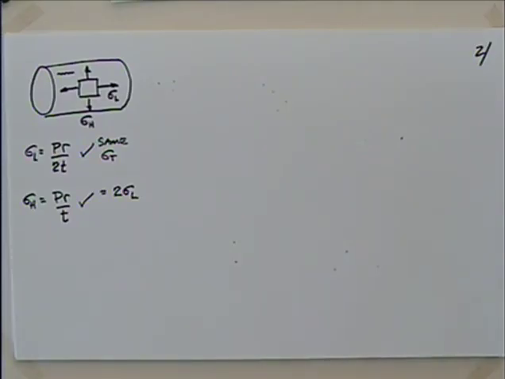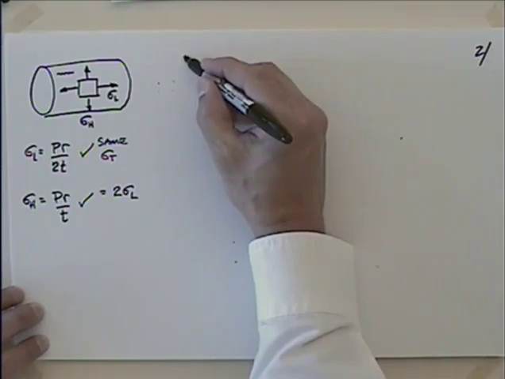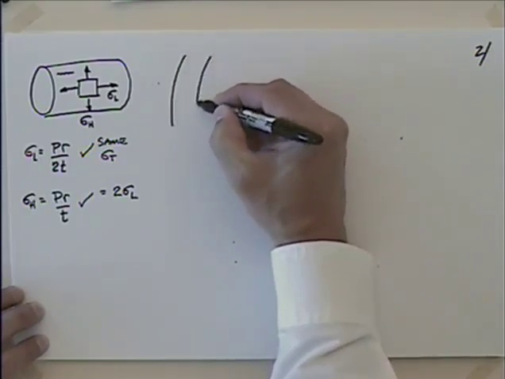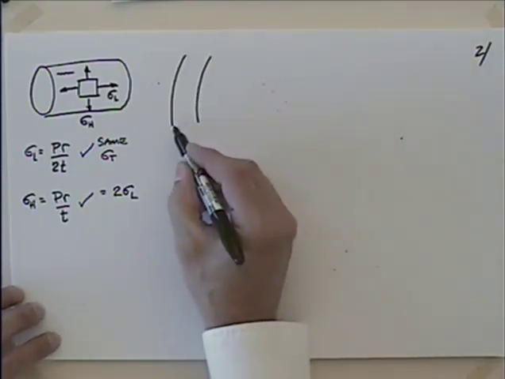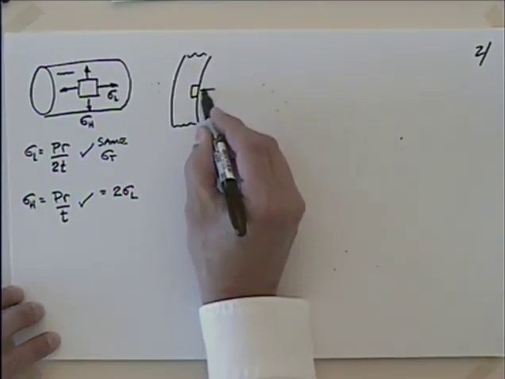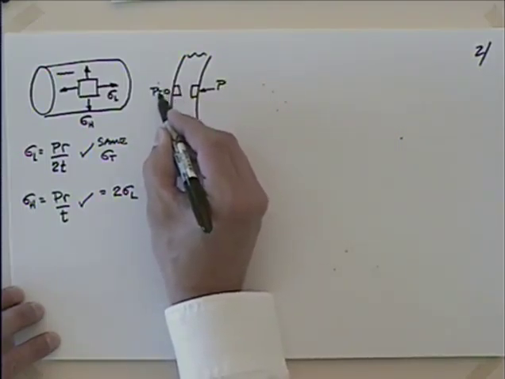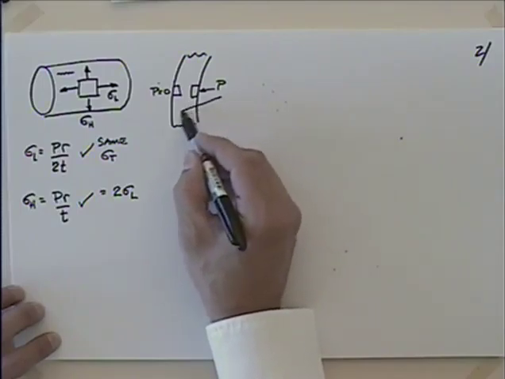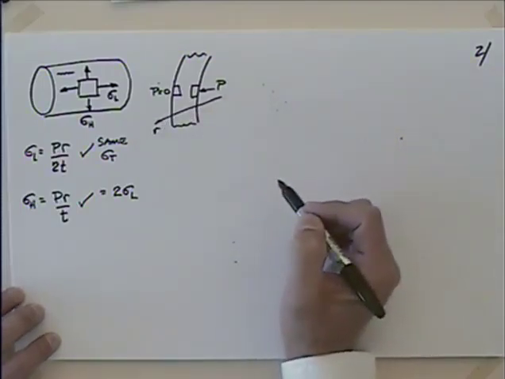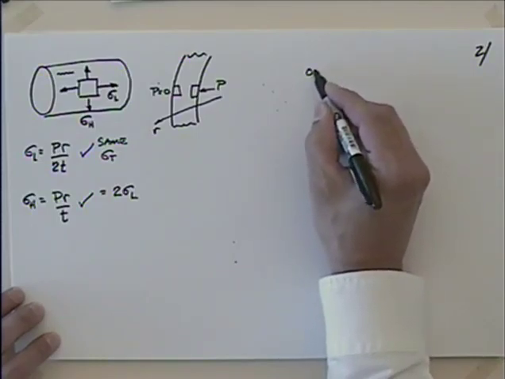Well, let's see if I look at an element on the inside and the outside. Again, I could cut a section out of this tank and look at it from the side here. If I put an element on the inside with some pressure P and an element on the outside with pressure equal to 0, looking at this radial direction R out from the center of the tank, I'll do the outside first again.